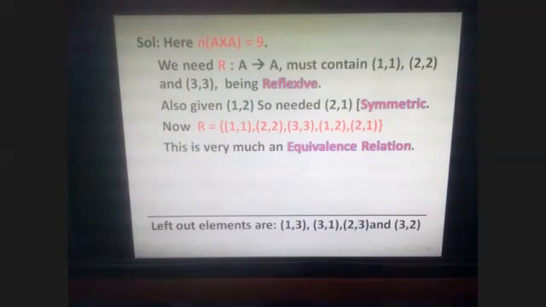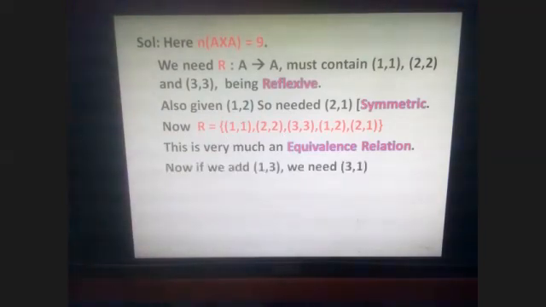Let me add (1, 3). If you add (1, 3), I need (3, 1) because it is symmetric. If I simply add (1, 3) and (3, 1) along with this, will it be an equivalence relation? Here comes the question.